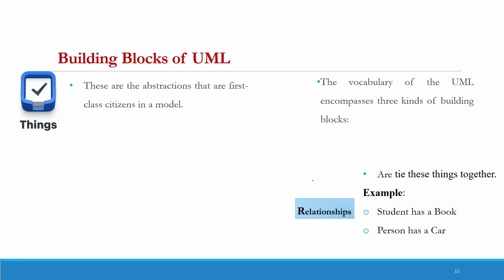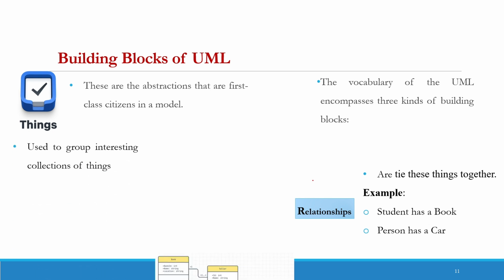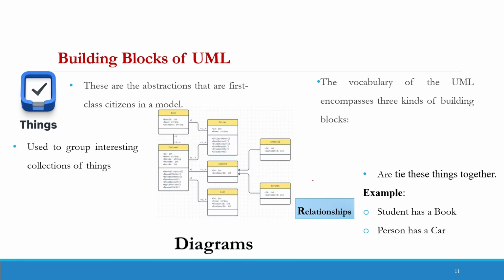A student is considered a thing, a book is considered a thing. So a student has a book indicates a kind of relationship. A person is a thing, a car is a thing. So these two things relate to each other. The relationship shows how things are tied together.